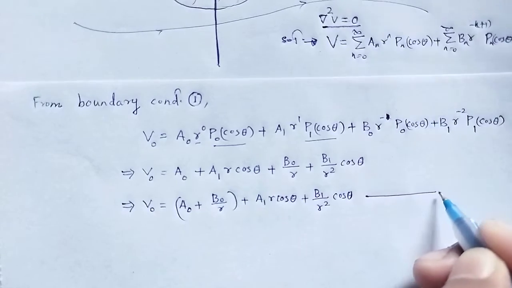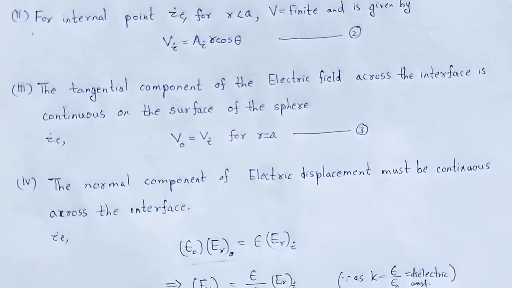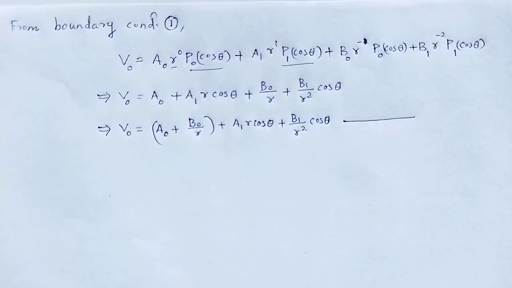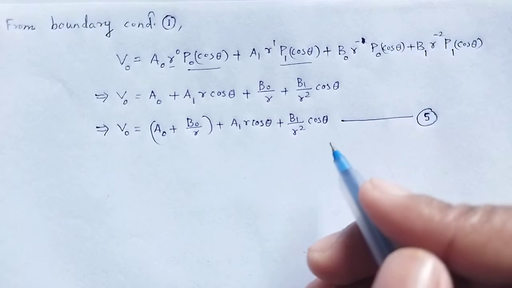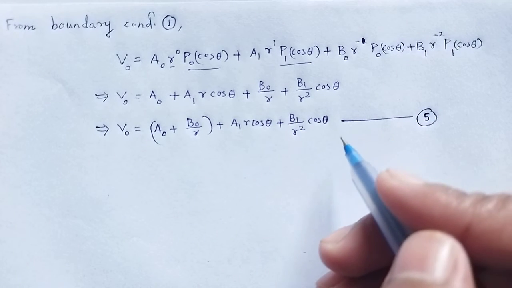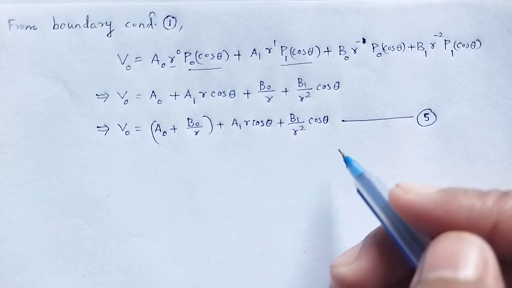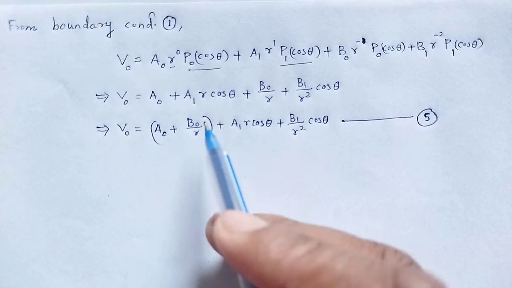Let us refer to it as equation number 5. As the terms of n greater than 1 contain cos square theta, and higher order terms of cos square theta are neglected here. Okay.